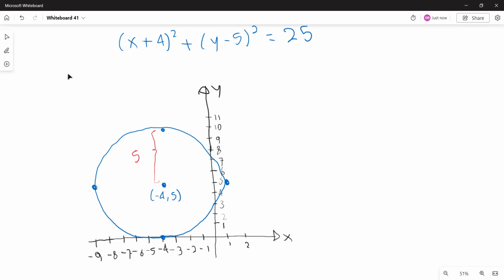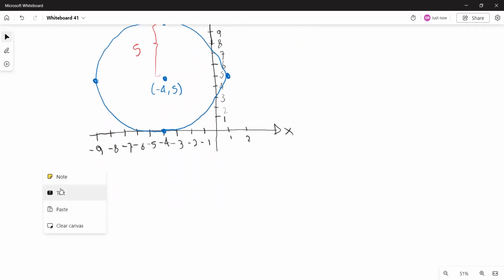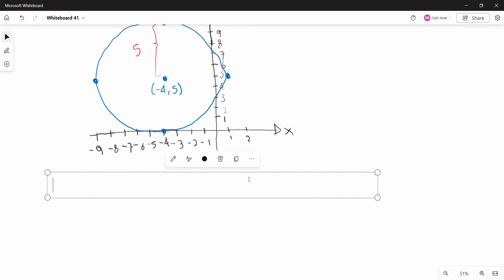And number 2, we're going to sketch the graph of a circle with center at the origin and radius, let's say the radius is 6.